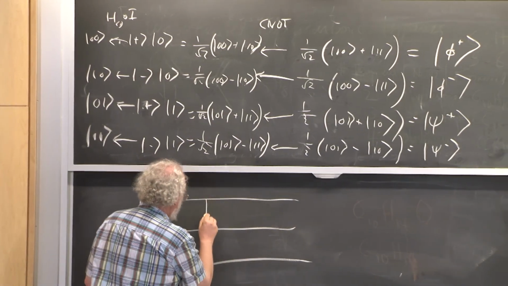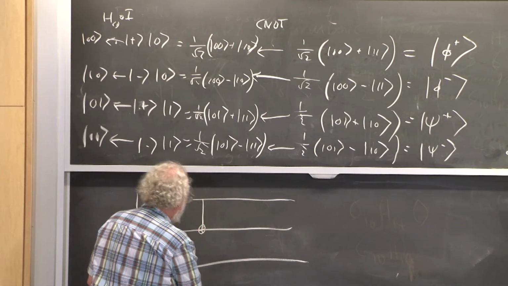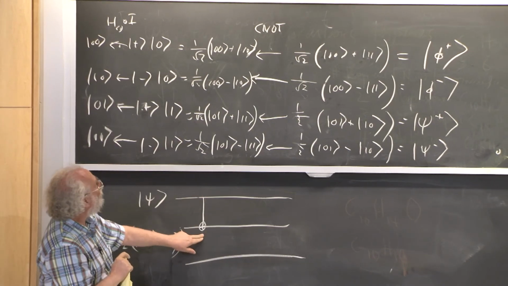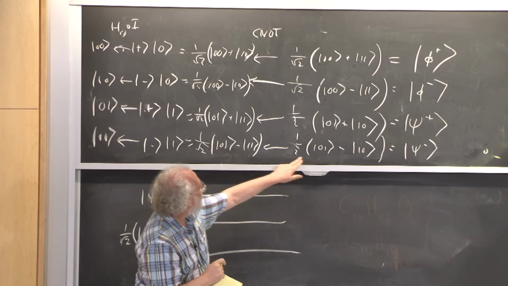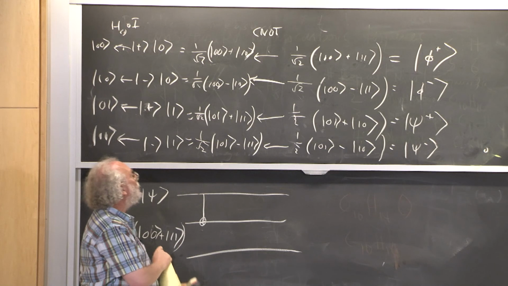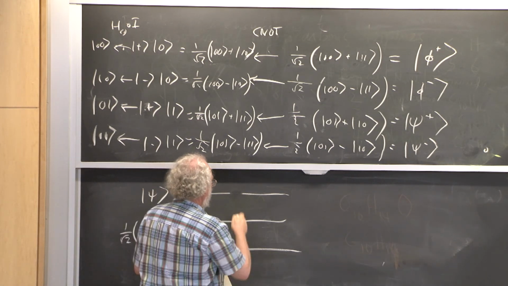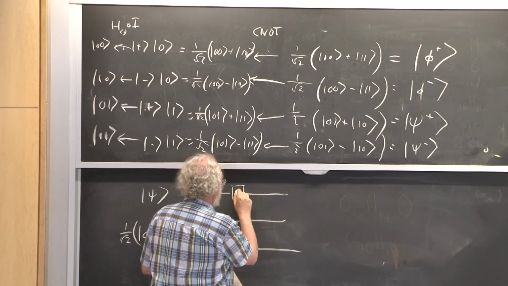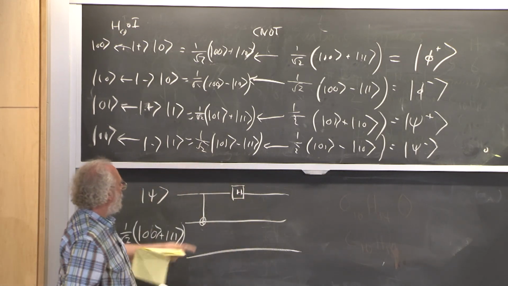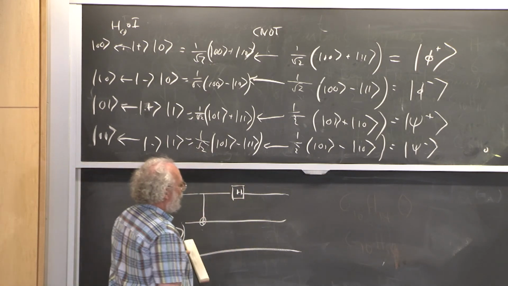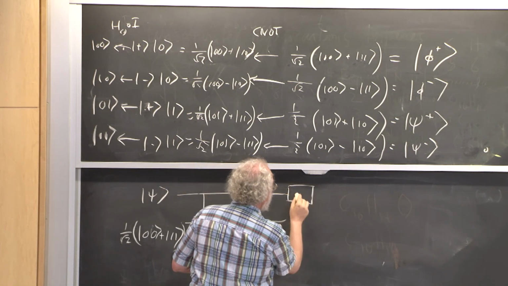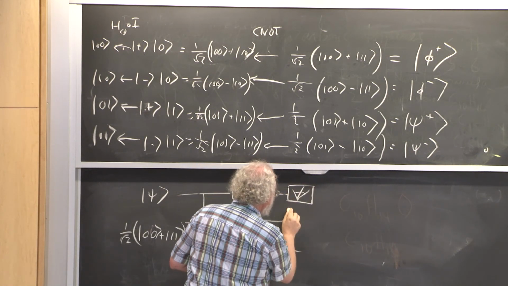Well, the first thing we do is a C naught from the first qubit to the second qubit. That's this step. And the second thing we do is a Hadamard transform on the first qubit. That's this step. And now we measure in the standard basis.